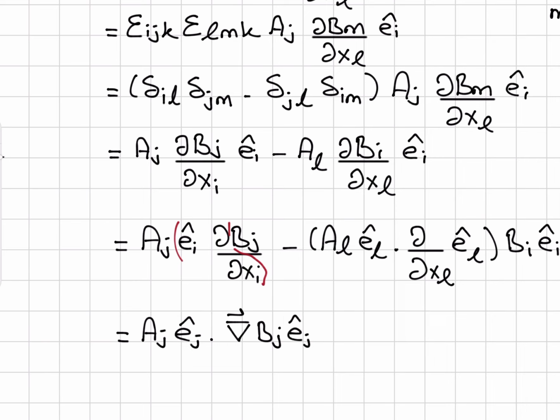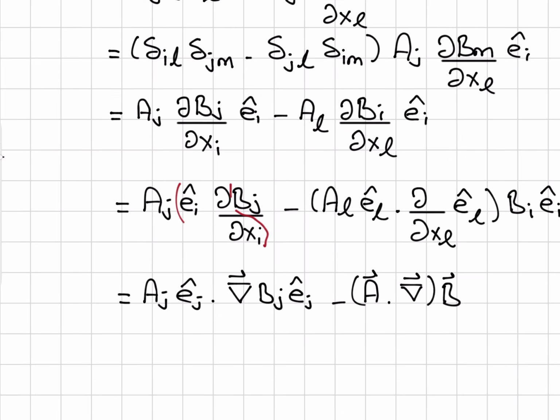So this is going to give me 1, and then I have EI hat remaining. So EI hat is part of the gradient operator. Okay, so that's taken care of. And here I have vector A dot product with the del operator acting on vector B.